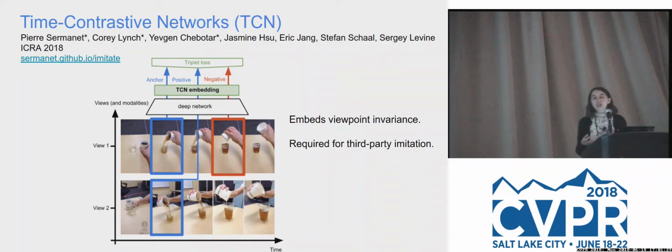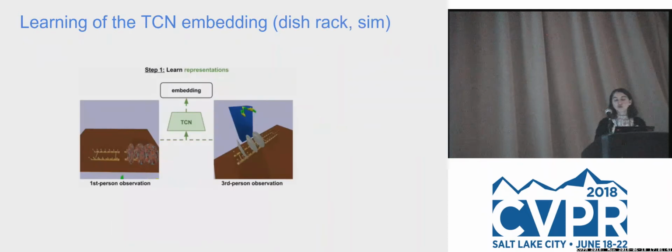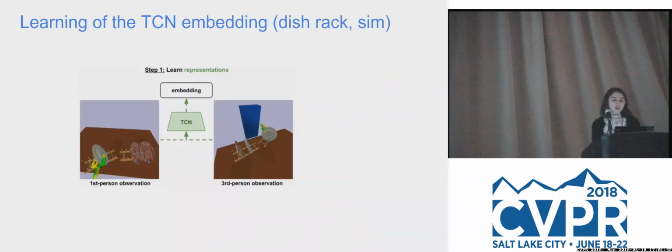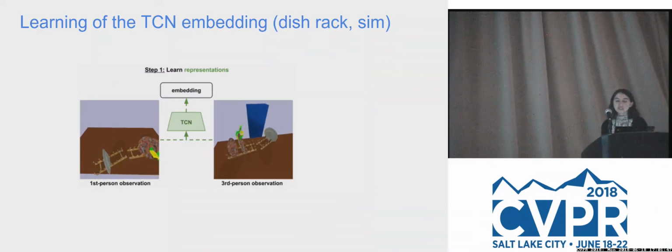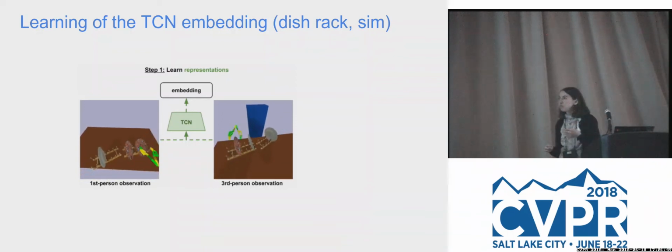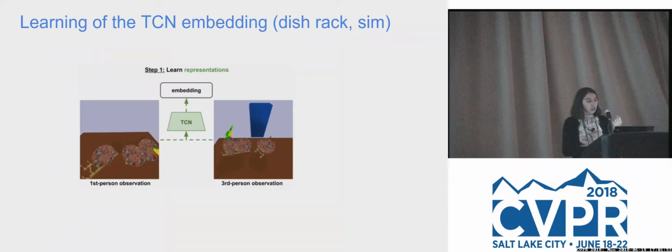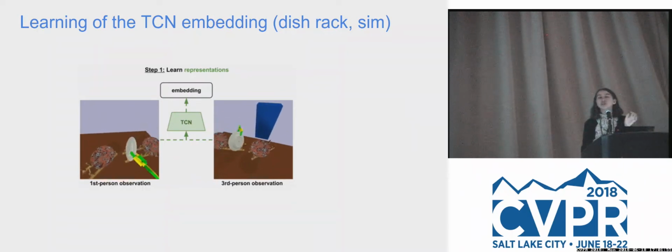So notice here that we need this smart embedding using different viewpoints, because you really are doing third-party imitation. You really need a viewpoint change to not matter. So here is an example of a task in simulation. Hopefully robots will be able to do dishes in real life soon. So we're learning the embedding.